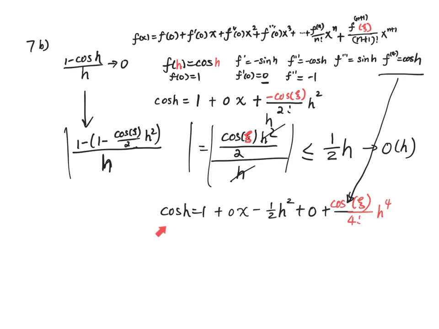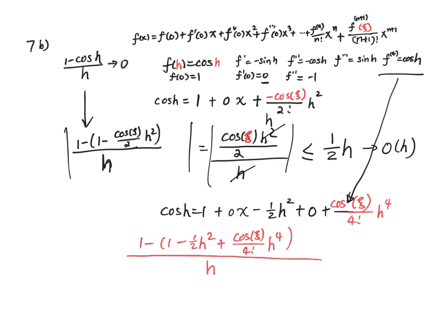If you plug this Taylor expansion into your original expression, you have 1 minus this whole thing, plus cosine xi over 4 factorial, h to the 4th, divided by h.